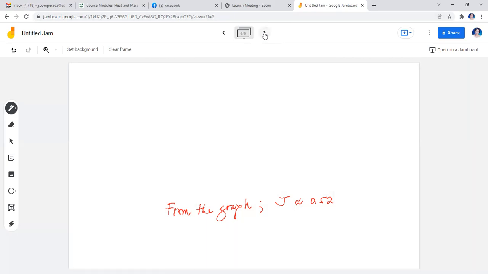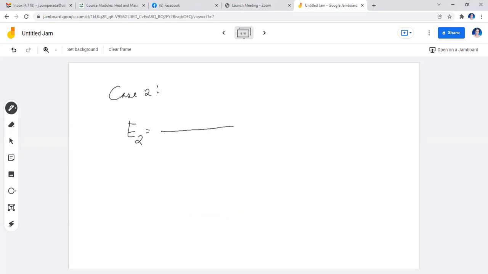So if you go to case 2, using the case 2 condition, then you can have, again, the E. We first have the E, so we'll have the ratio of the final free moisture content to the initial free moisture content.